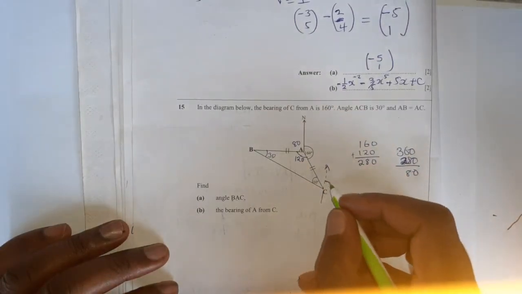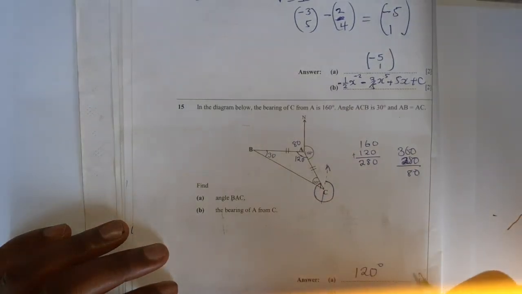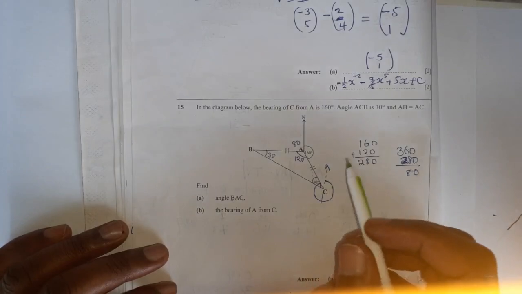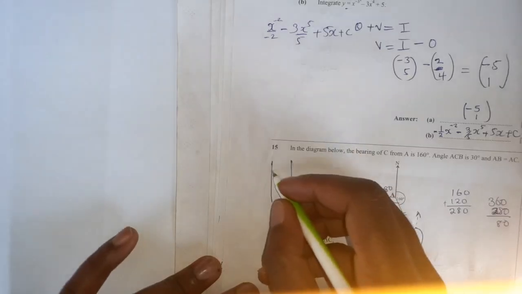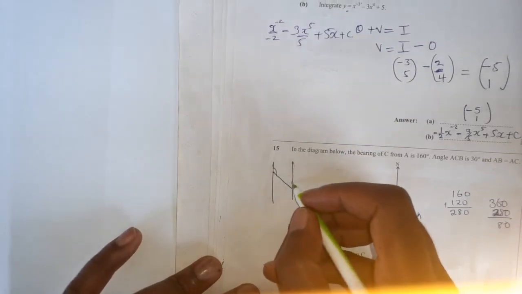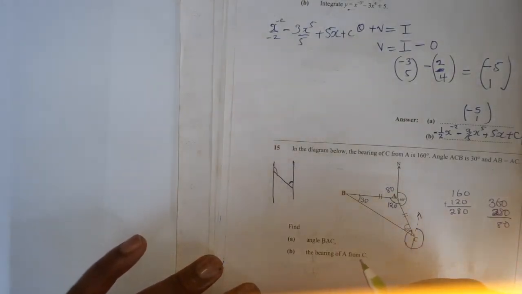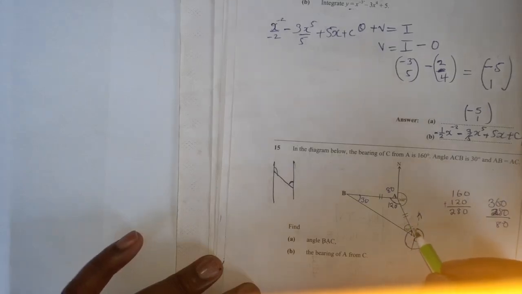The bearing of A from C is this whole thing here, up to there. So meaning, when you have this case, this angle and this one, I'm sure you know that they add up to 180. The same applies. This 160 here and this small angle here, which we do not need, should add up to 180.